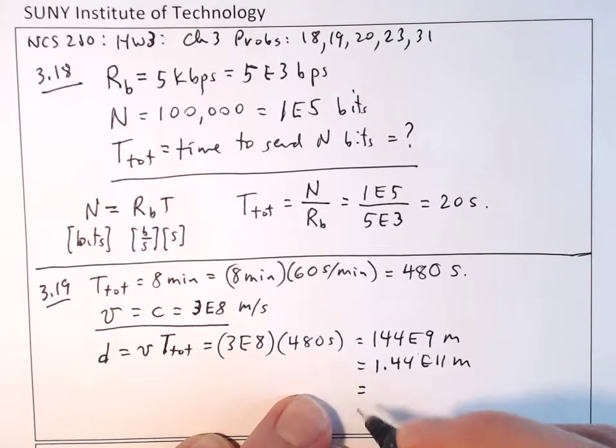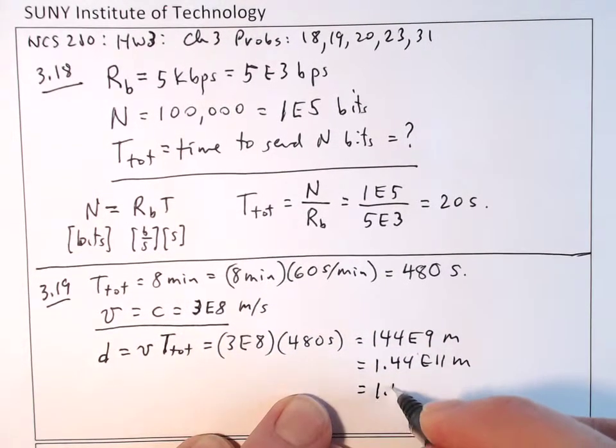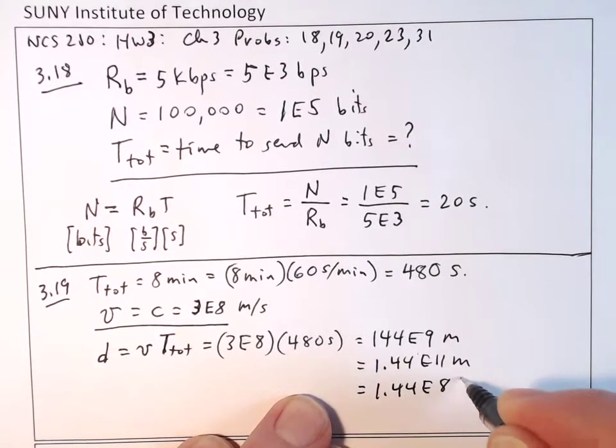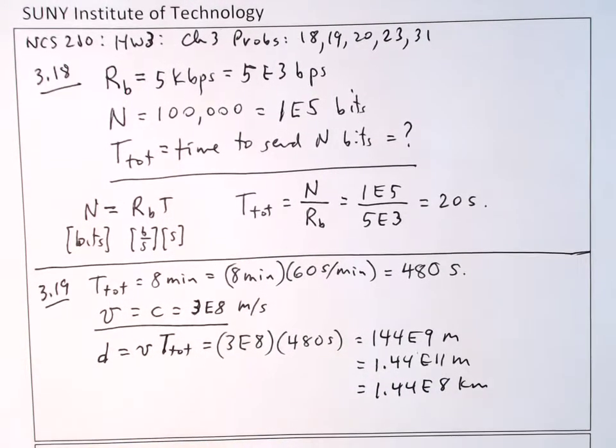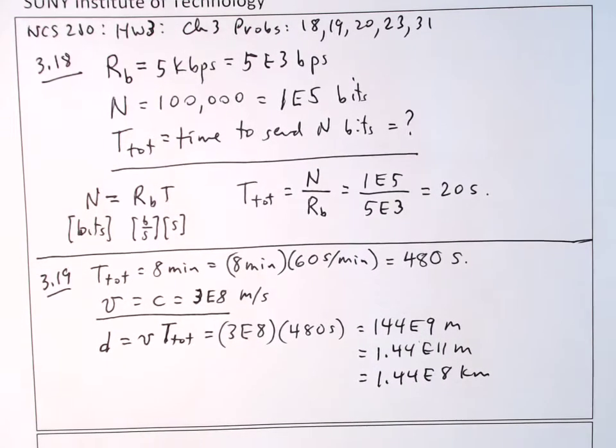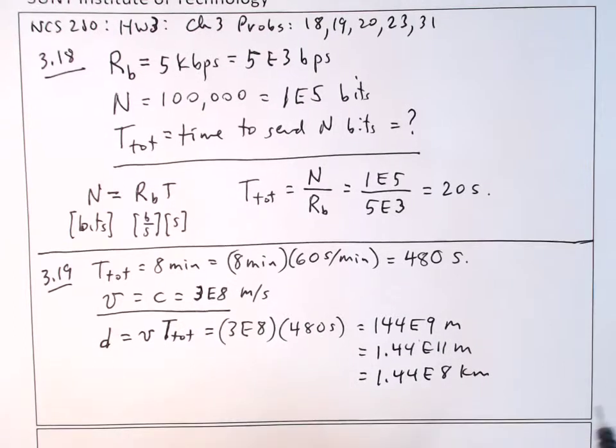If we want to put it in terms of kilometers, we just subtract 3: 1.44 times 10 to the 8th kilometers. And so that's 18 and 19. Let's move on and do 20.